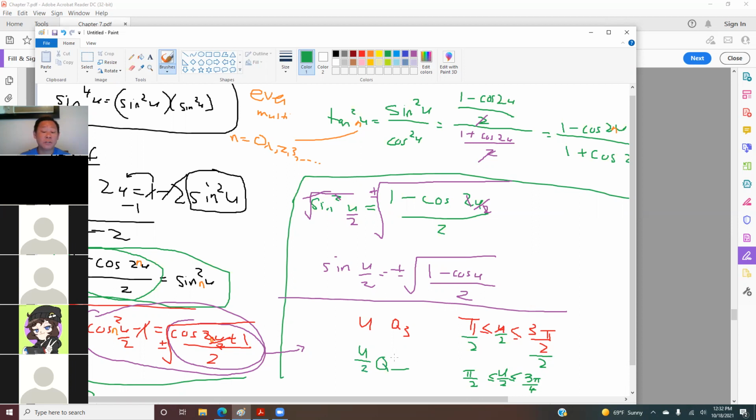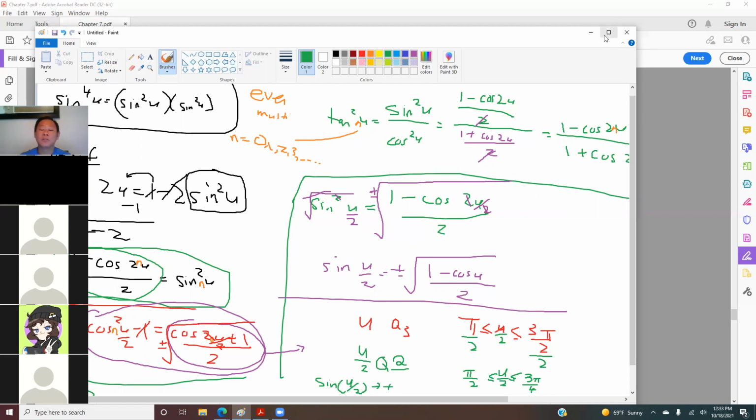This is in quadrant 2. So in quadrant 2, is sine positive or negative? Quadrant 2, sine is positive.